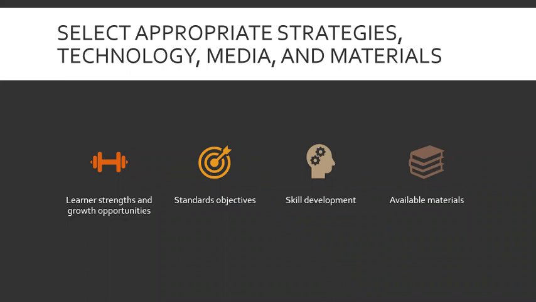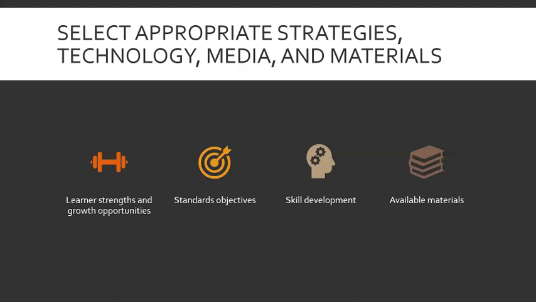Step 3 is to select appropriate strategies, technology, media, and materials. Now that you know the needs of your learners and what you want them to accomplish, it is time to select the strategies, technology, and other tools to get them there.